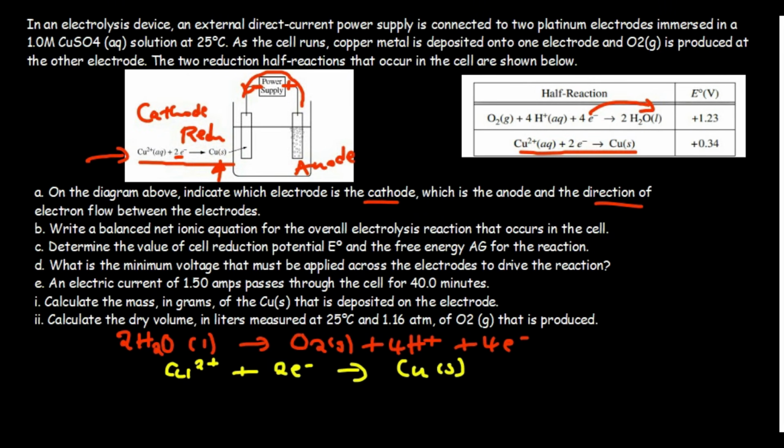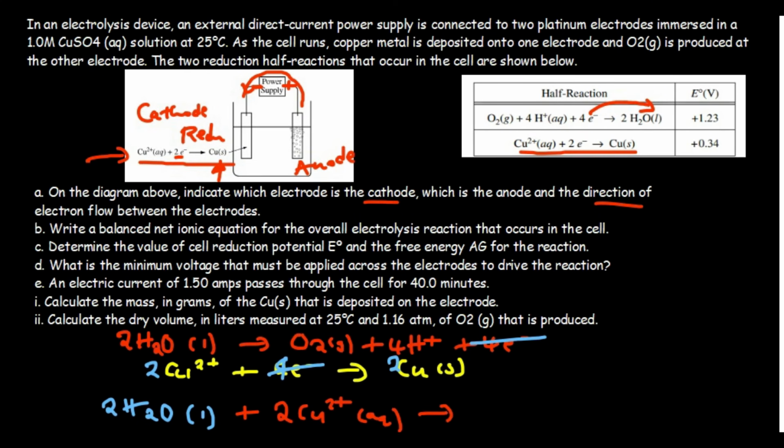Now you need to make sure that before you combine the two, the number of electrons lost and gained is balanced. That means we have to multiply the second equation by 2, so it becomes 4 electrons, 2 copper. Then we combine the left and right hand sides. On the left, we have water in liquid state combined with 2 copper 2 plus in aqueous state as an ion.